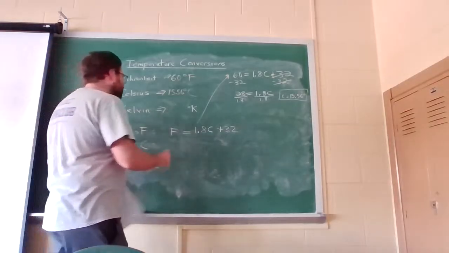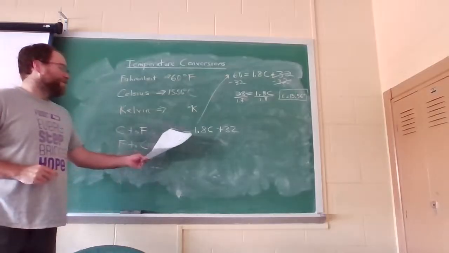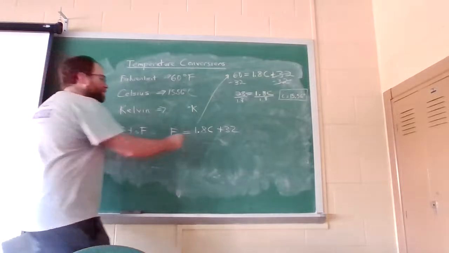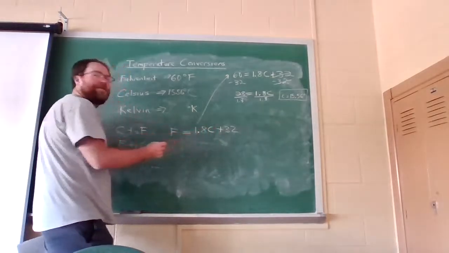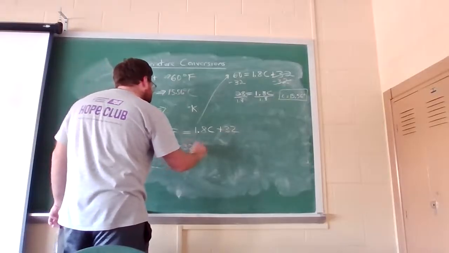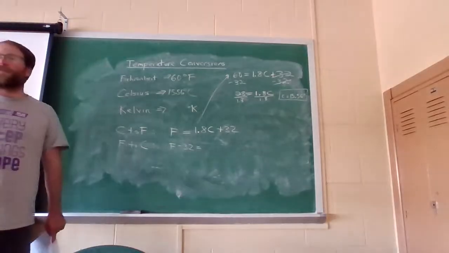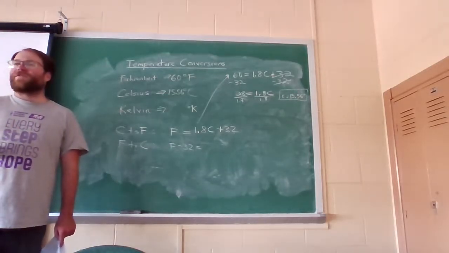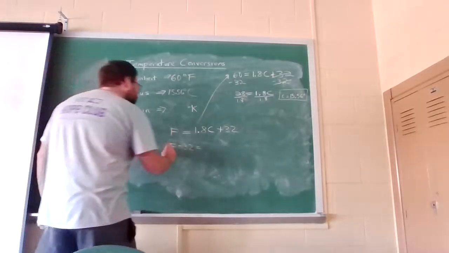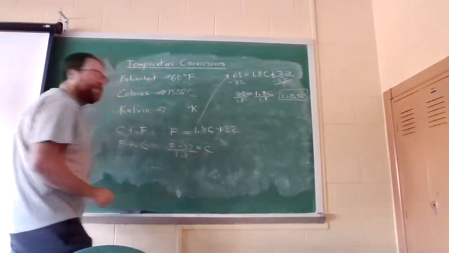So in other words, if we wanted to go Fahrenheit to Celsius, we can just take this equation and solve it for C. How would you get C by itself? Subtract 32 from both sides. Yep. So subtract 32 on both sides, and that would equal 1.8 C. Then to get just a C there, divide by 1.8, and C is now by itself.